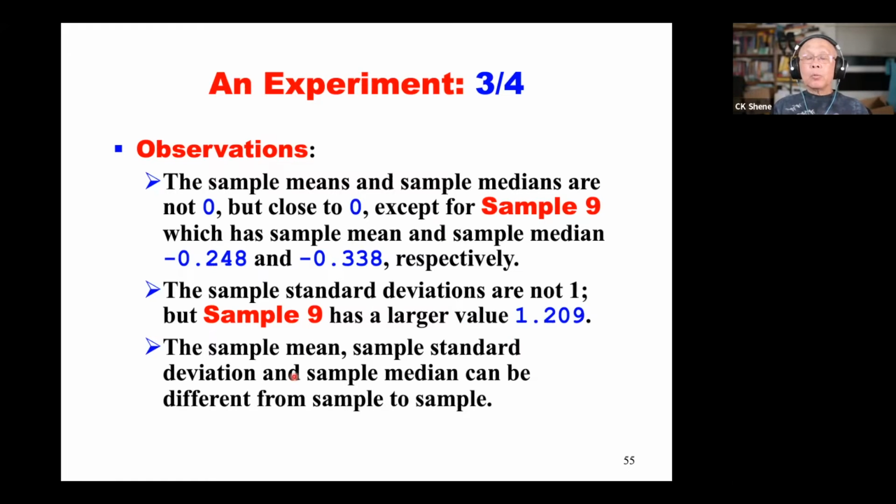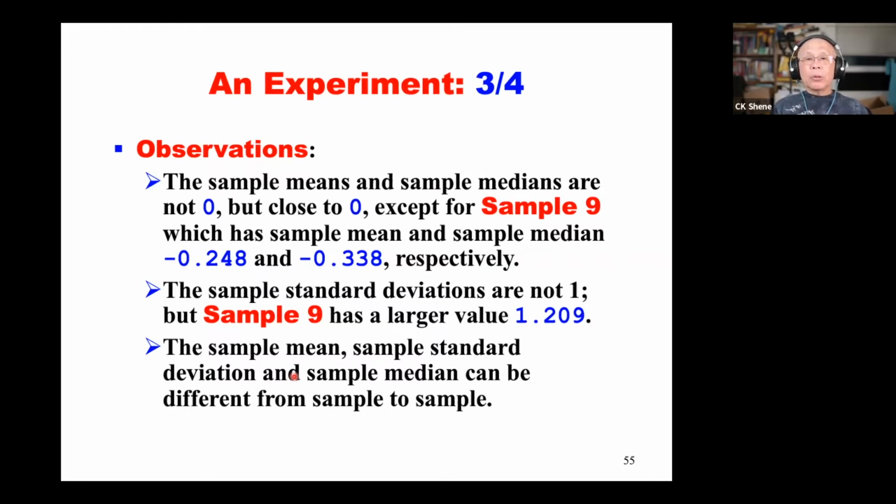Therefore, when we take a sample and compute the sample mean, sample standard deviation, and sample median, they could be different from sample to sample. So suppose you have a large population, say you want to understand the household income in Houston. Then you think, let's take a sample of 100 households in a random way.